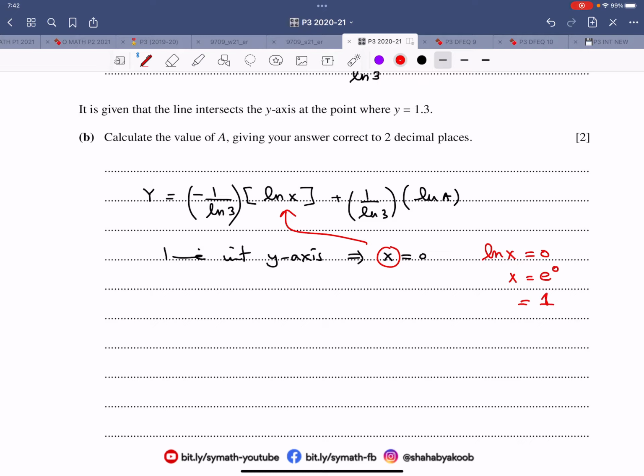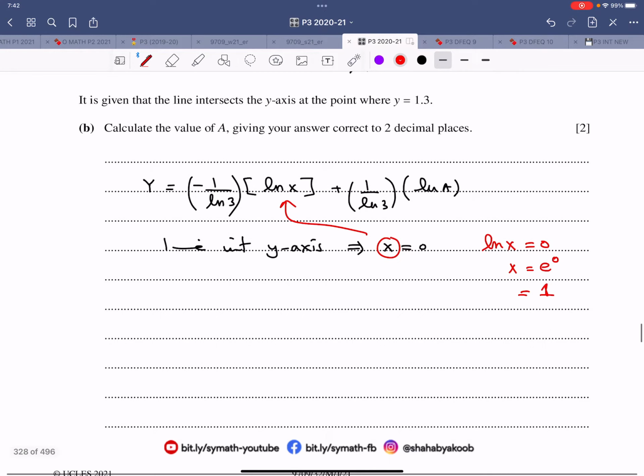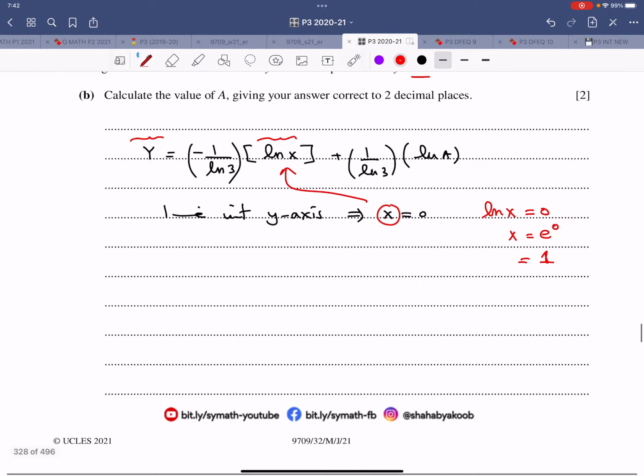That is one thing. And what are we looking for? We are looking for the value of a. Either I can work this way, or I can plug in the value of ln x as 0 and the value of y as 1.3. So let me show you two ways of doing it. Method 1, that is working with the line equation. So y equals 1.3 and ln x equals 0.